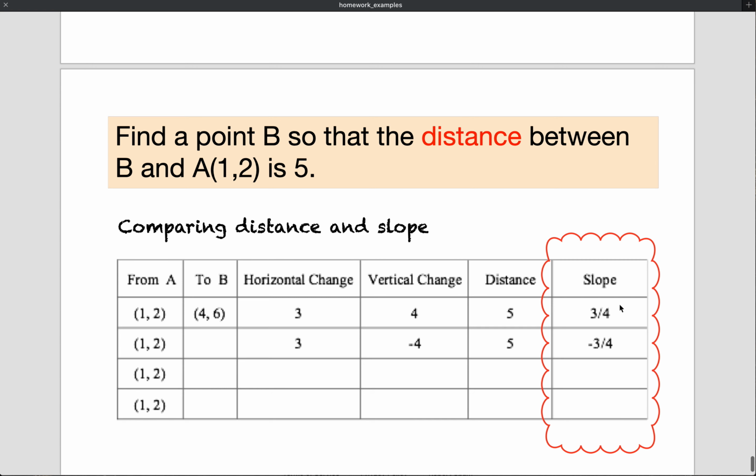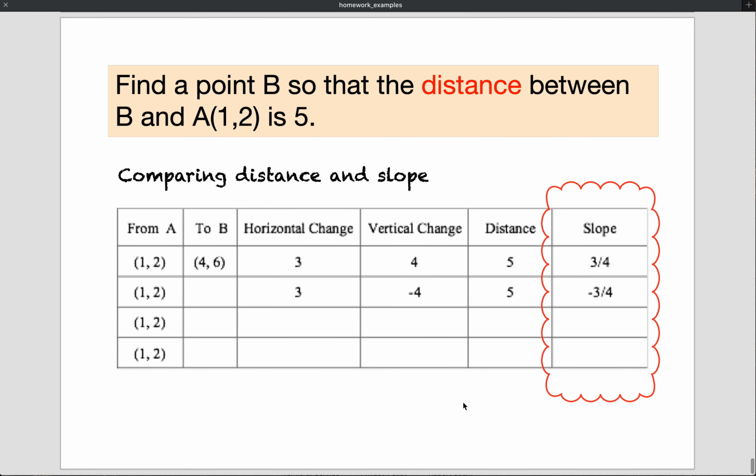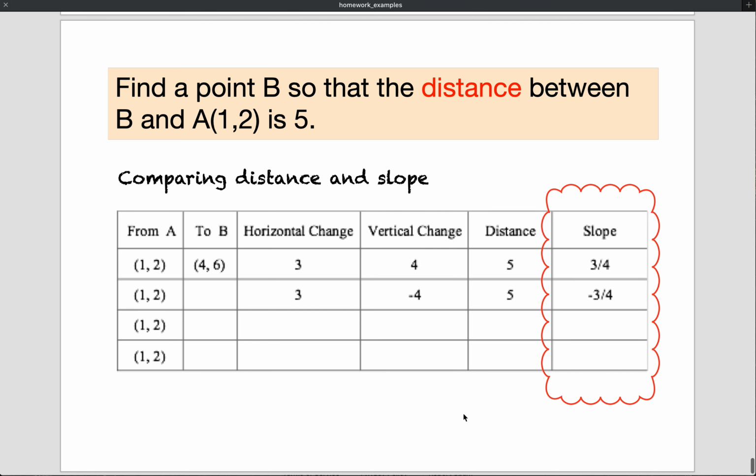Or the other way around, we can ask the student to give points so that the slope stays the same, but the distance varies. Right? So in this way, they can compare or contrast the two formulas, distance and slope, in one particular exercise. So we can add to the further understanding or advanced understanding of this concept. So it's not merely giving some challenge for certain faster students only.